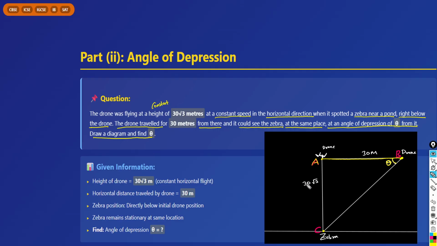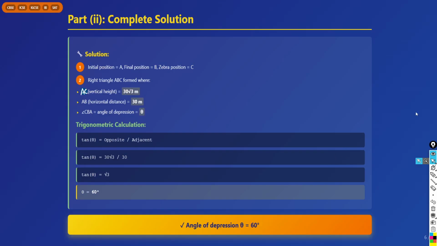Tan theta would be 30√3 by 30. 30 and 30 cancel and tan theta equals √3. That gives me theta equals 60 degree. Therefore, the angle of depression from the drone to the zebra is 60 degree.